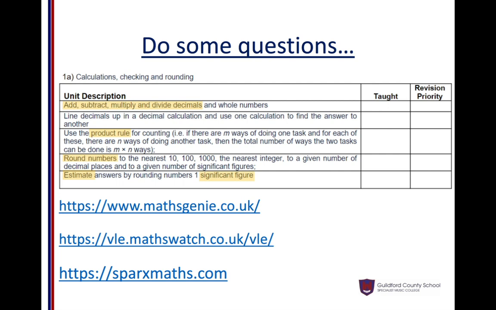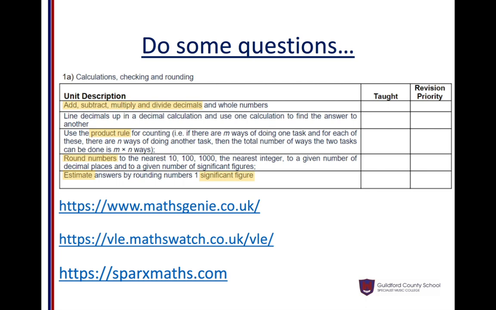Once you've highlighted the key words in a knowledge organiser, that is when you go to either Maths Genie, Maths Watch or Sparks and you look up topic specific questions on one of these.